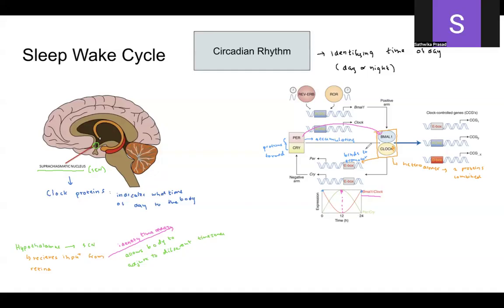But then after midday, your activity has been stopped. And so then your brain will realize that the clock proteins are low in concentration and start the cycle all over again, resulting in the expression of the clock genes over and over again.